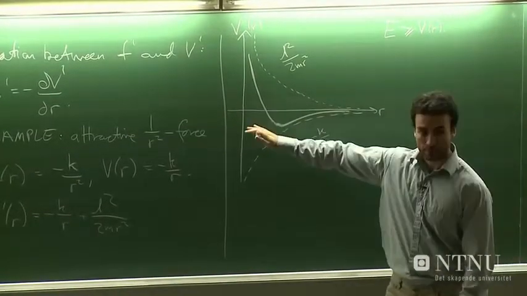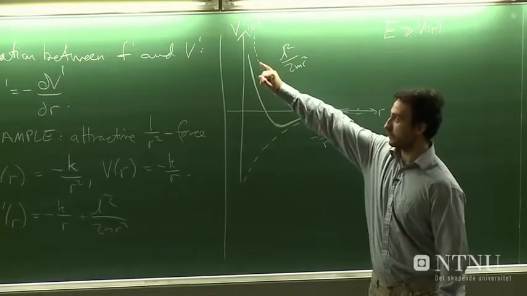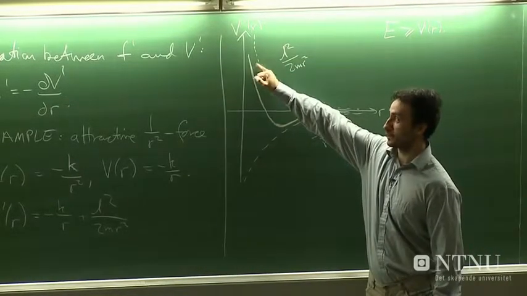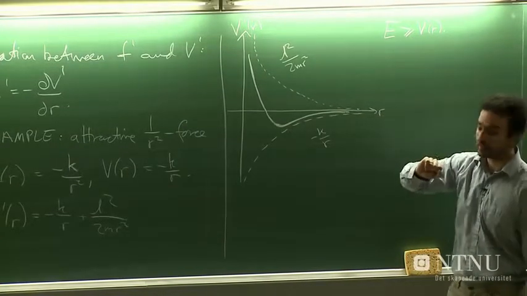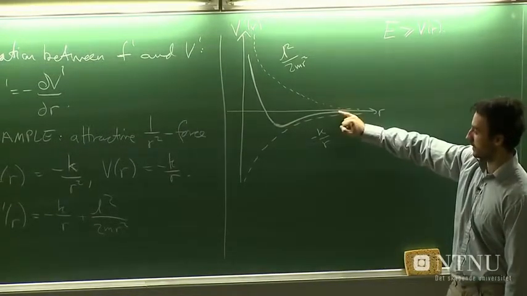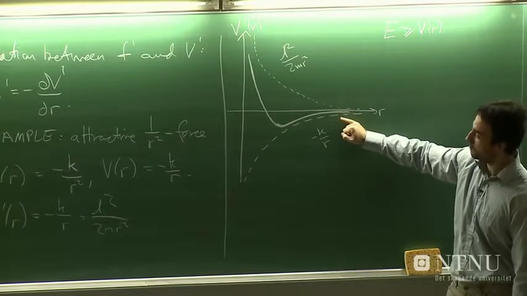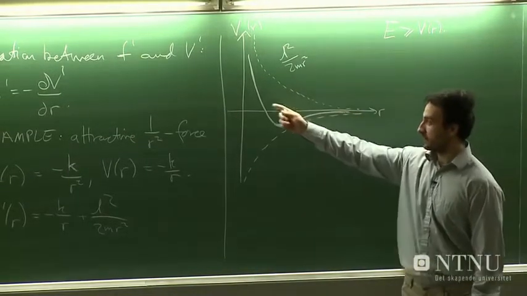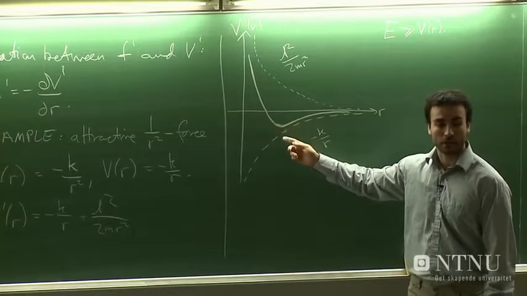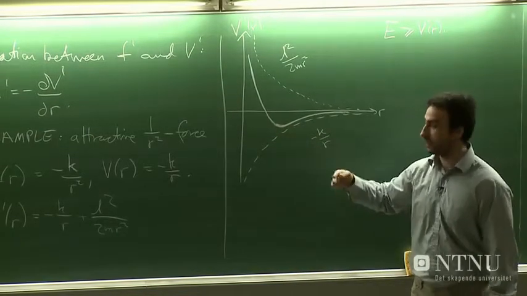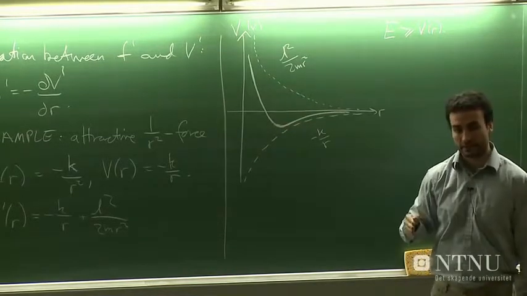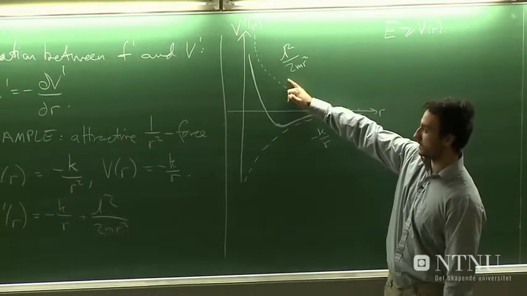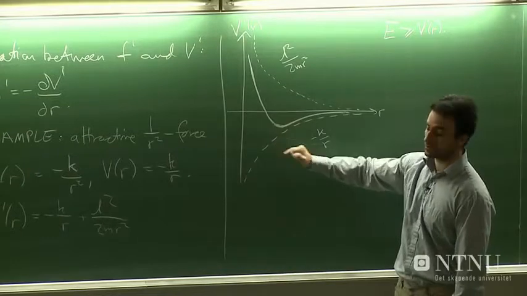So in the limits 0 and infinity, we should have V prime getting close to this curve here, whereas it should become close to this curve here. And effectively, there has to be some point along the way where we have a minimum, where this curve changes from being close to that term to this term here.